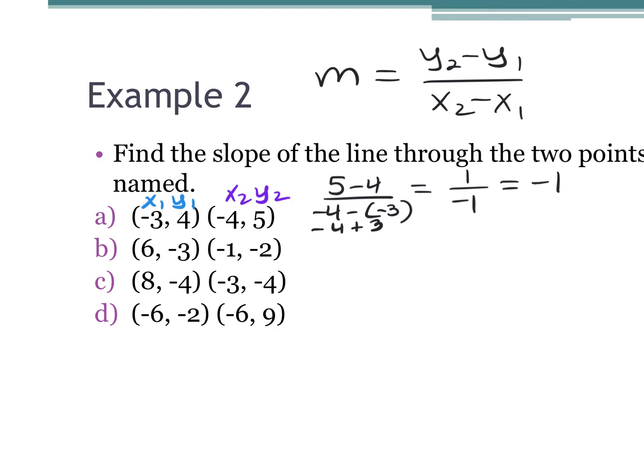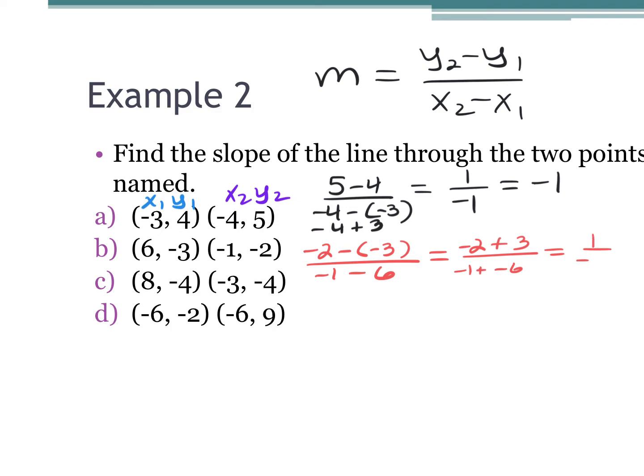For part B, again, we're going to subtract the y's, so negative 2 minus negative 3 divided by negative 1 minus 6. Again, do your keep, flip, change or stay, change. That numerator will really be negative 2 plus 3. And then the denominator, if you want to think of it as negative 1 plus negative 6.